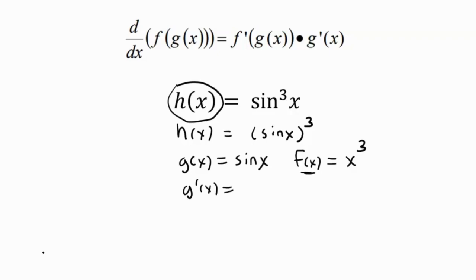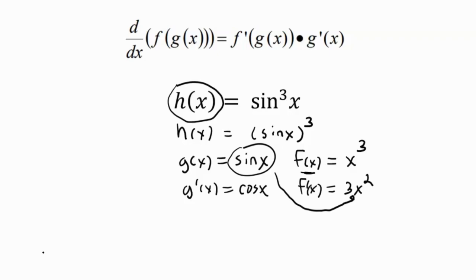All right, so let's do g prime. So g prime of x, the derivative of sine, is cosine x. F prime's derivative is equal to 3x squared. So we're going to take g of x, which is my sine, and it has to go back in f prime.